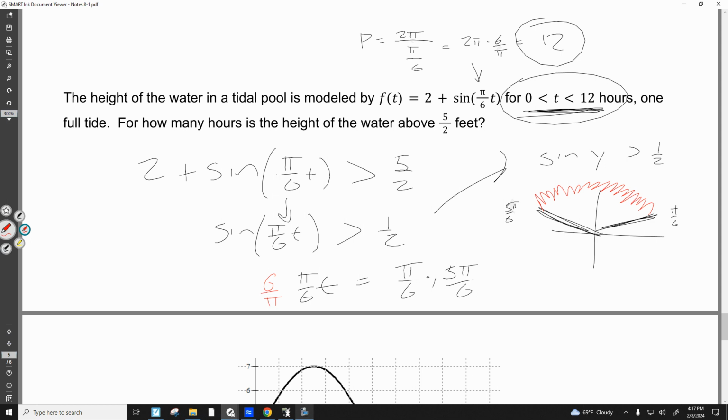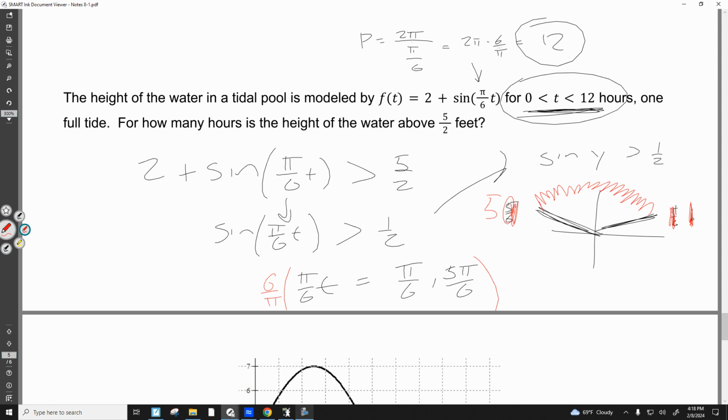This is the idea of taking your angles, dilating them, multiplying by 6/pi. You multiply everything by 6/pi, it gives you that the dilation changes this to answer for t of 1, because 1 times pi/6 is pi/6, and this turns this to 5.